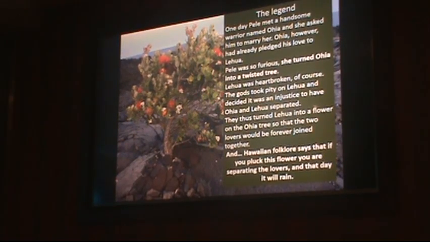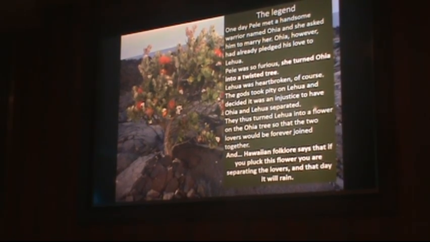Thus, they turned Lehua into a flower on the ohia tree, so that the two lovers would be forever joined together. And Hawaiian folklore says that if you pick that lehua flower from the tree, it's going to rain the next day, because she's crying.